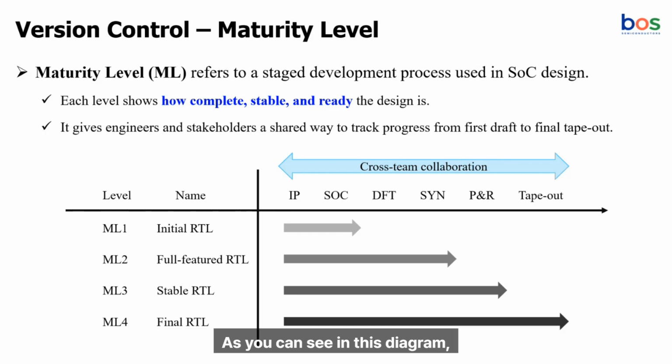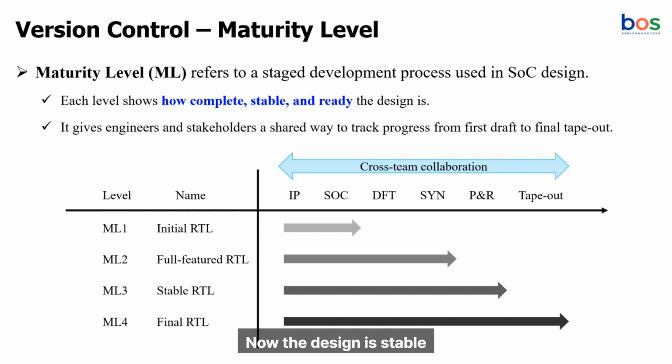As you can see in this diagram, there are 4 main maturity levels. ML1, initial RTL. This is just the very first draft of the RTL design. ML2, full-featured RTL. At this stage, the RTL has all the functions we planned to include. ML3, stable RTL.